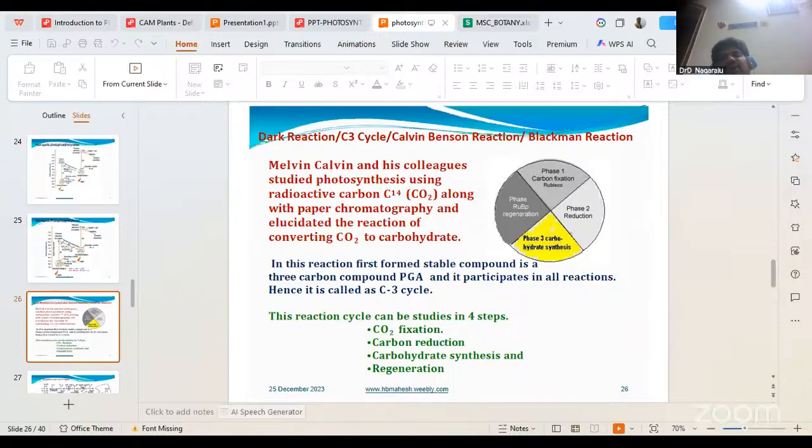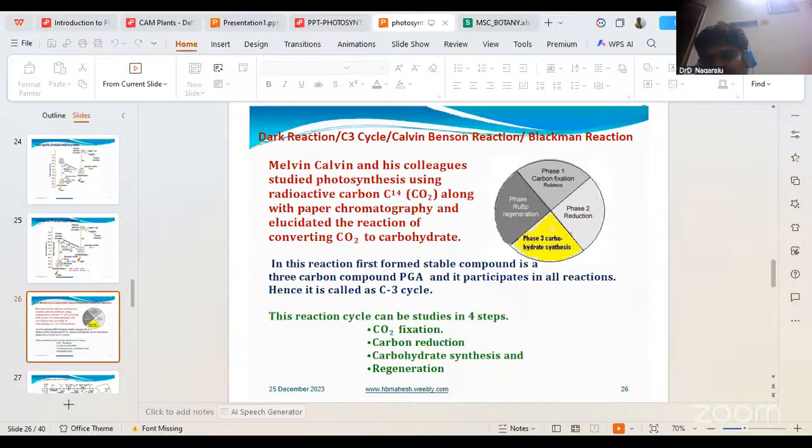These are the smallest sugar compounds, three carbon products.